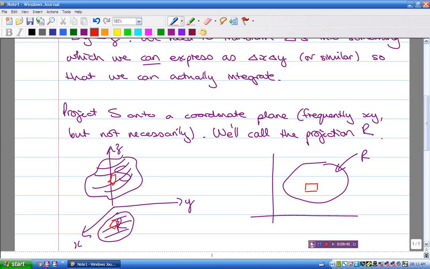So there's my delta S, and there's my little delta A rather. I'm locating my little red rectangle in my projection at some mystery xk, yk, and my length is delta x and my breadth is delta y.